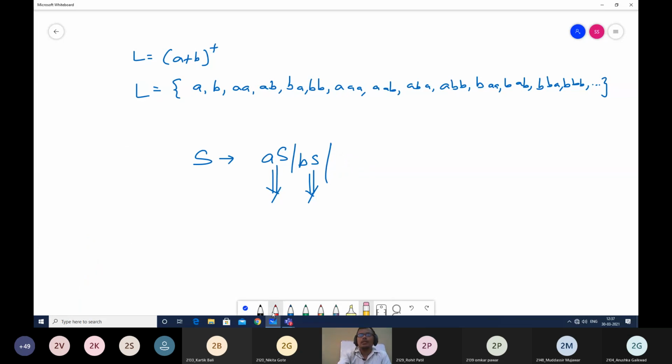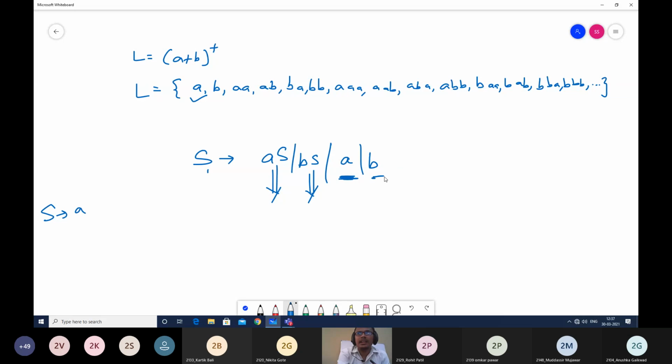So now, instead of that, what we can do is terminate with only A or B. If I want my first string to be accepted, which is A, I can directly apply the production rule S gives A. So only A is accepted.